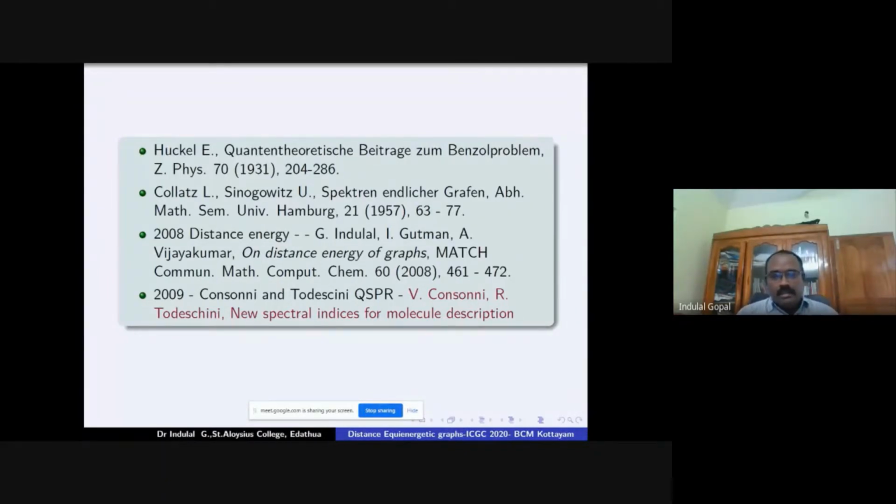This distance energy, being a molecular descriptor, finds application in designing medicines and thereby in pharmaceutical sciences. A more advanced problem regarding distance equi-energetic graphs, which distance equi-energetic graph is structurally simple, is a problem yet to be addressed.